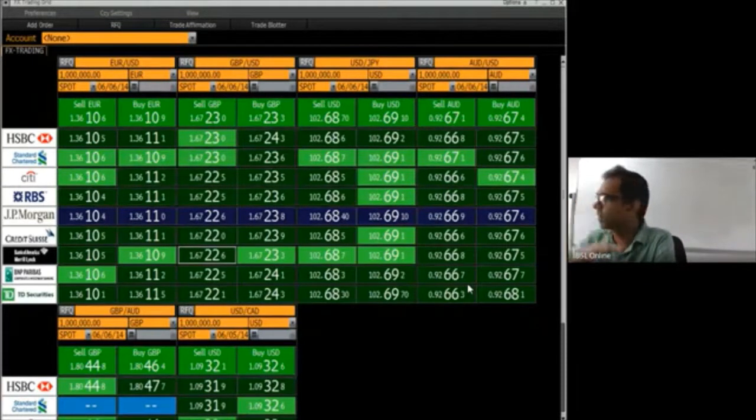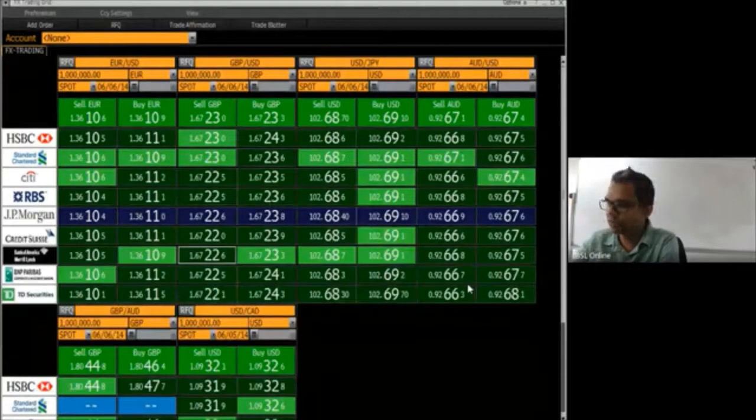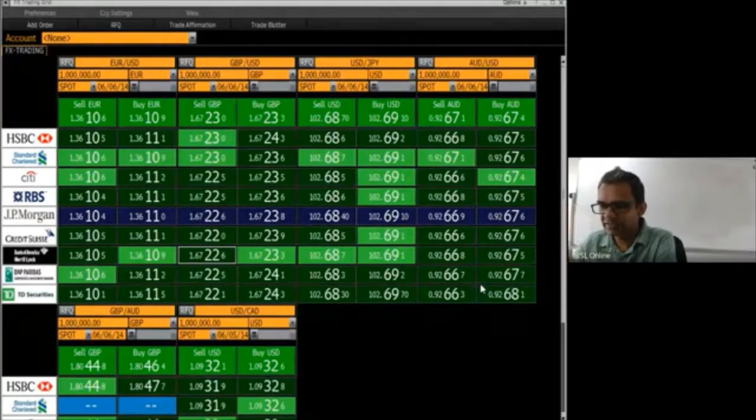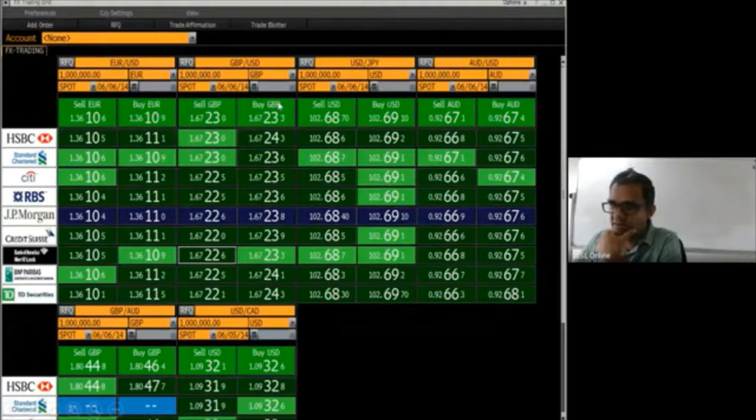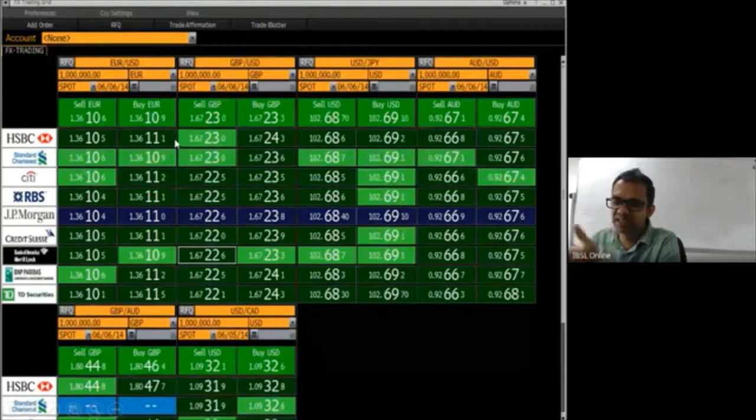Whether it's through the electronic platform or through voice, that means telephone, or a chat sort of trading platform, wherever, as a market taker, you sell at the bid, you buy at the offer, the base currency. That concept remains the same. And on this screen, sell euro, buy euro, sell GBP, buy GBP is given for you to easily recognize it.